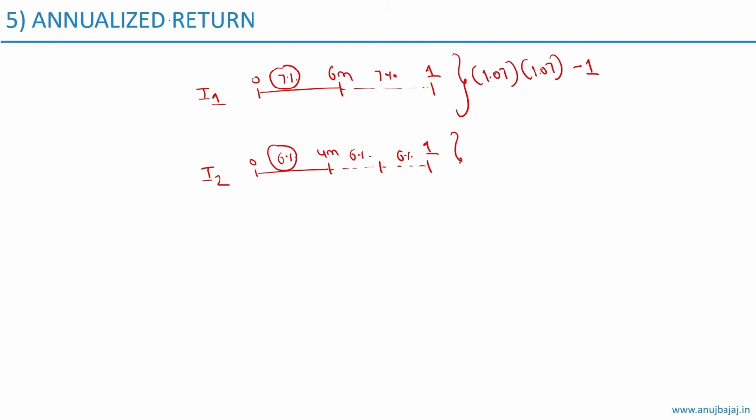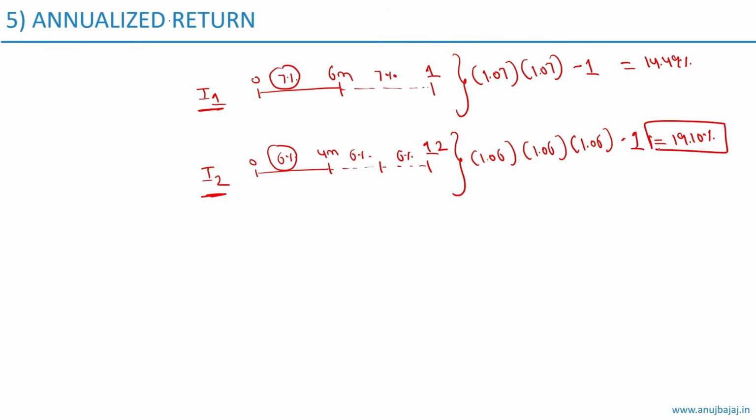And the annual return here will be 1.06 multiplied by 1.06 multiplied by 1.06 minus 1. So the answer is 14.49% for investment 1 and 19.10% for investment 2. Now we can compare both investments and say that investment 2 has performed better.